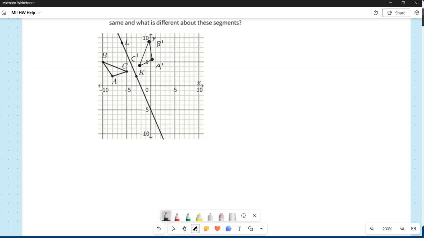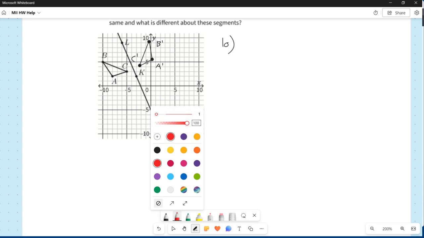All right, I'm not going to scroll up, but I am just going to read it out. 6b says, what do you notice about the line segments A prime, B prime, and C prime? So for B, A prime is that line right there. B prime is that line right there. And C prime is that line right there.